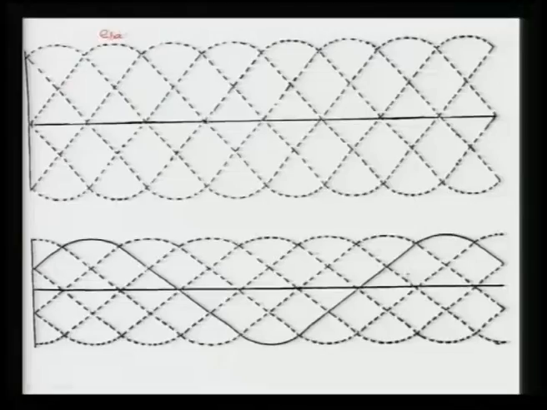Then I have to write the line to line voltages: here ECB, here EAC, and here again EBA, and here it will be the reverse, EBC, here ECA, and this will be EBC. I am drawing the line to line voltage.